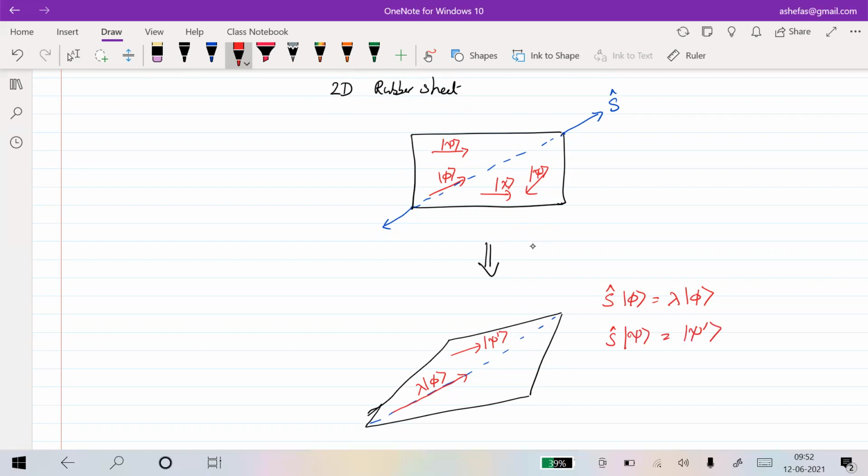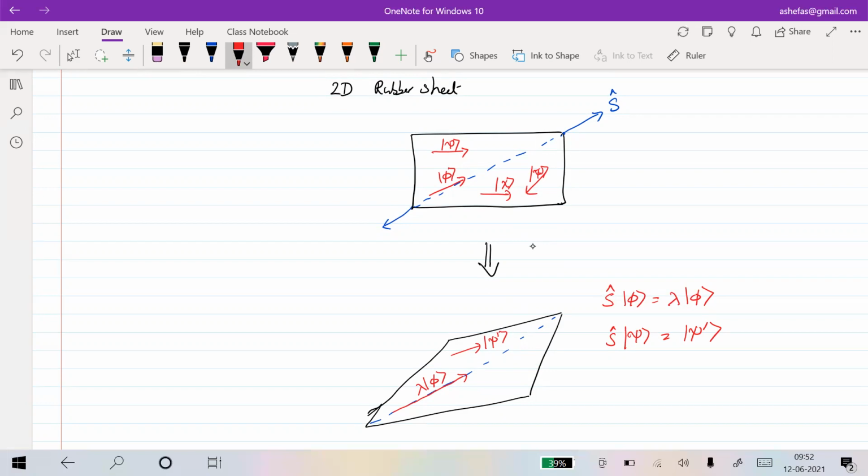So it may happen that an operator acting on certain vectors leaves them unchanged except for a scaling, but some vectors change completely under the action of the operator. This gives a physical idea about the eigenvectors.